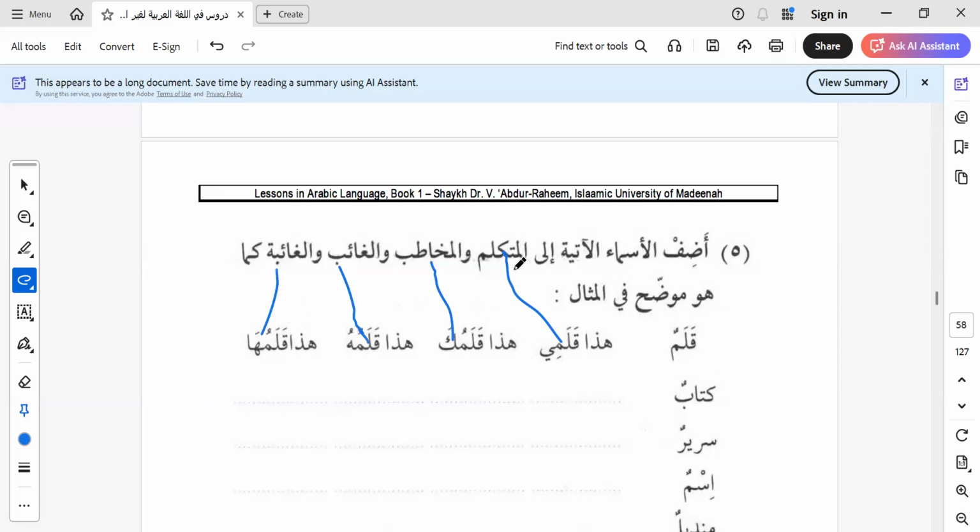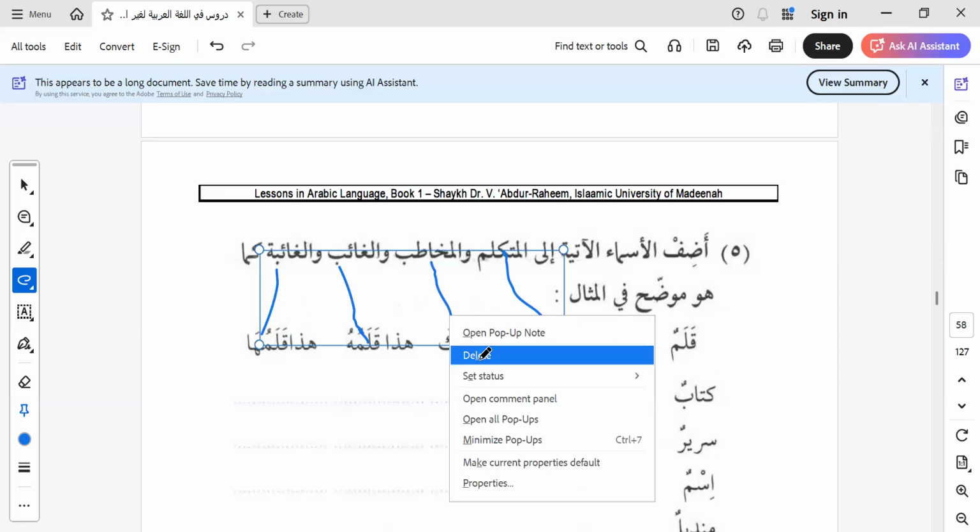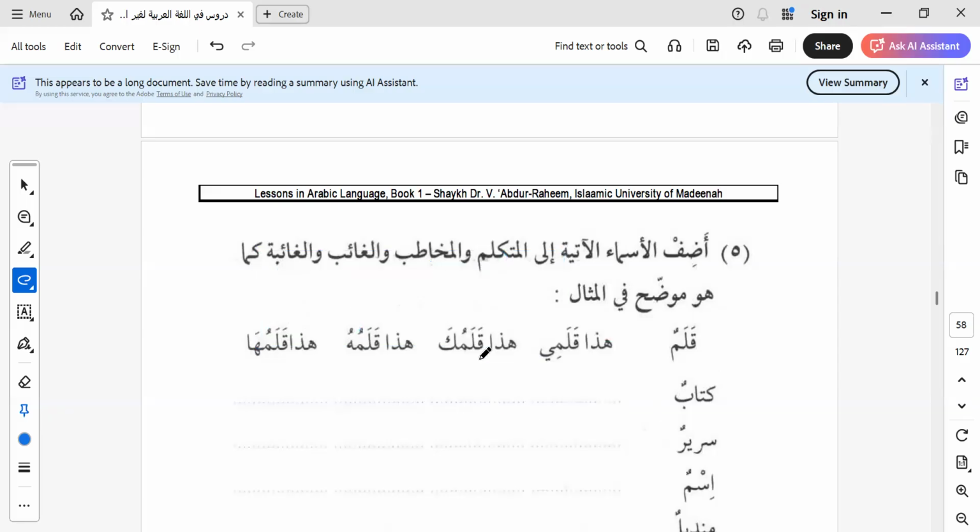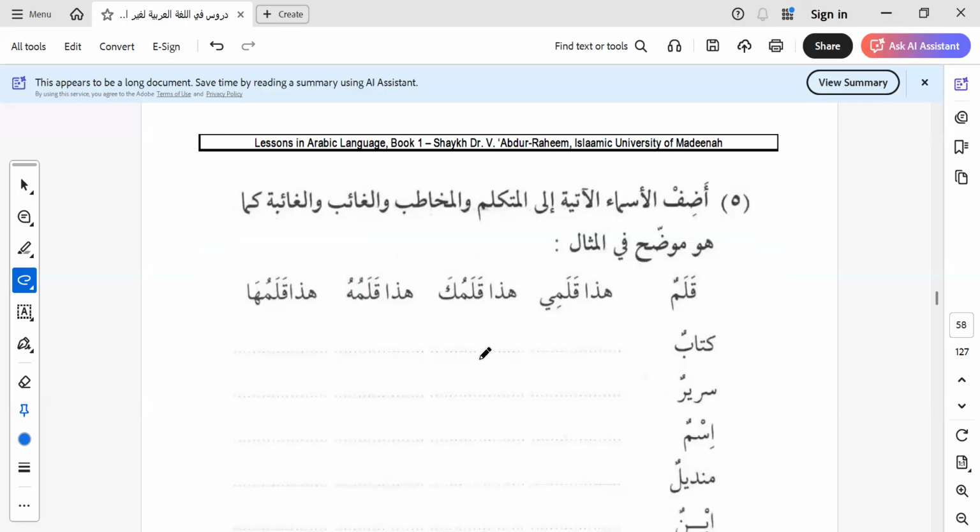So ضمير المتكلمة you don't have that. ضمير المخاطب, ضمير الغائب. When you say that in that context, it could mean both male and female. But the way they use it here, that's why they say غائبة and غائب. مخاطبة can also come here, متكلمة can also come here because the ضمير is not added to it. Once you put ضمير, it comprises all forms of pronoun, whether male or female.